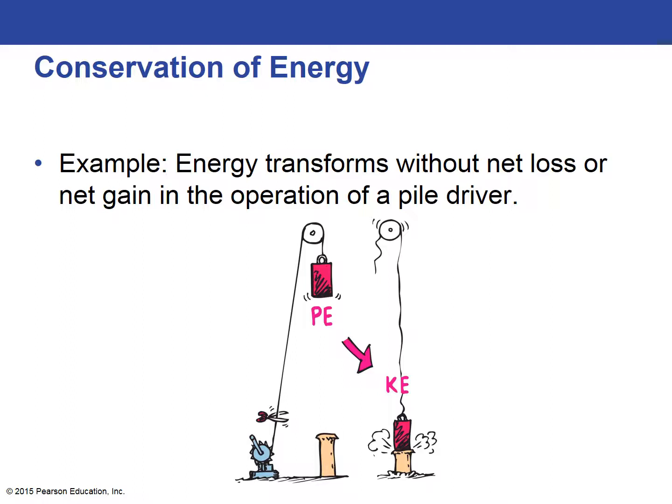The conservation of energy says that the potential energy before we release the rope is in fact all the energy available. There is no kinetic energy. The object is at rest. When we cut the rope, the object begins to fall and it increases kinetic energy.